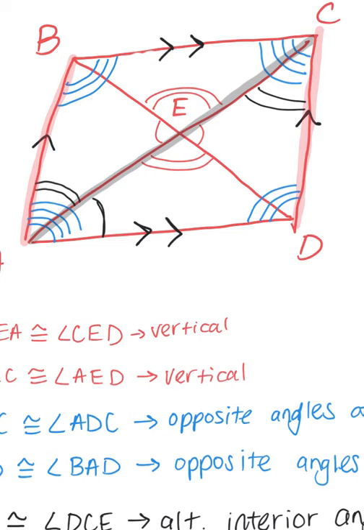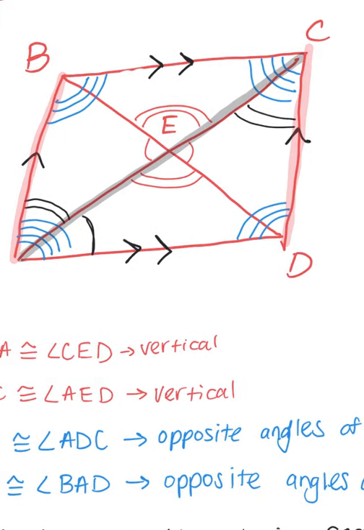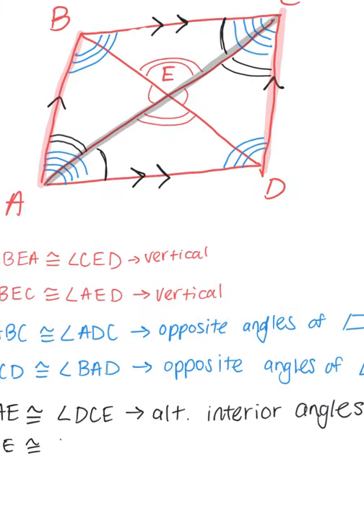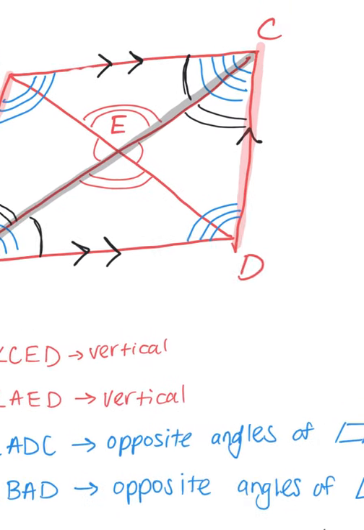This one? CAE. No, CEB. Nope. CBE. Close. BCE. There we go, BCE. Awesome. Okay, alternate interior angles.